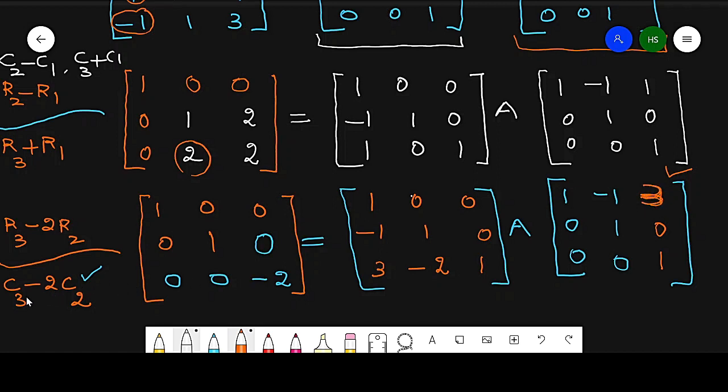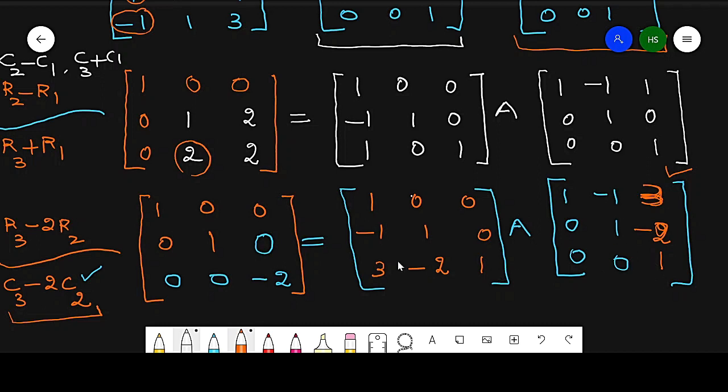I operated C3 minus 2C1, but basically I would like to operate C3 minus 2C2. So this will be minus 2, this will be minus 2 and this will be 1. So make the correction 3, minus 2 and 1.